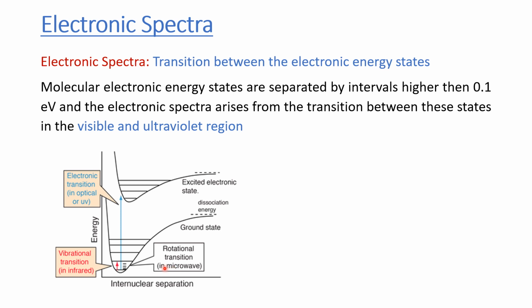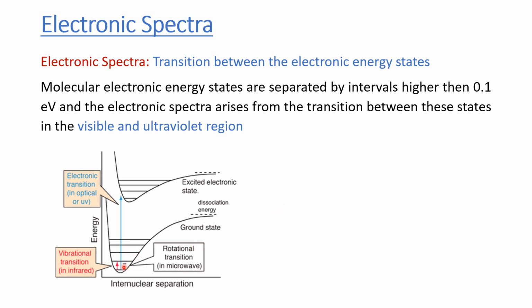So one electronic energy level will contain many vibrational transitions, and one vibrational transition will contain many rotational transitions in the microwave, and the vibrational transition in the infrared.